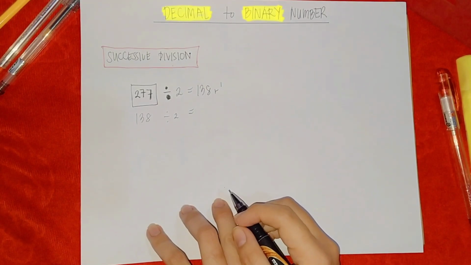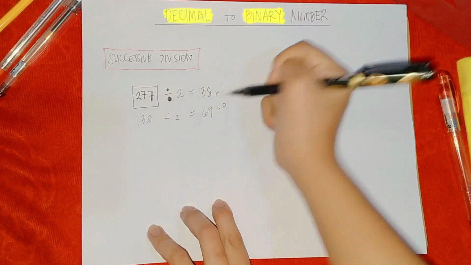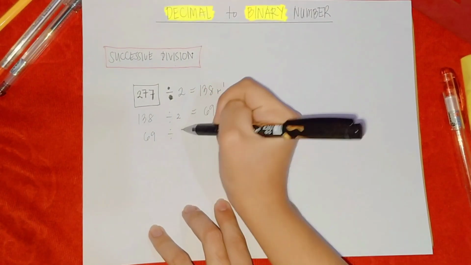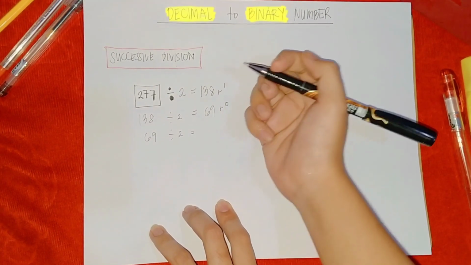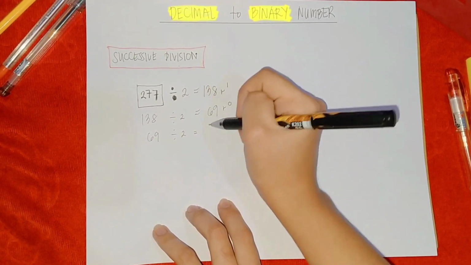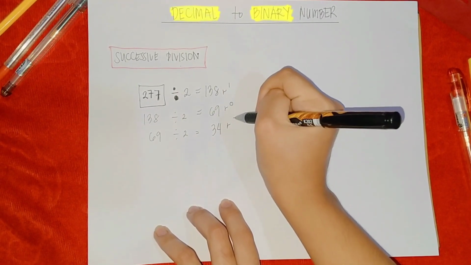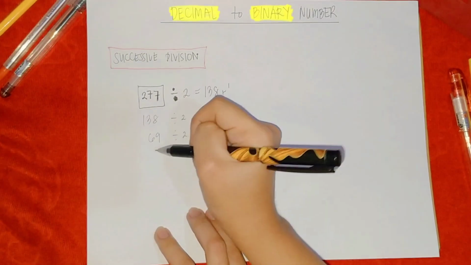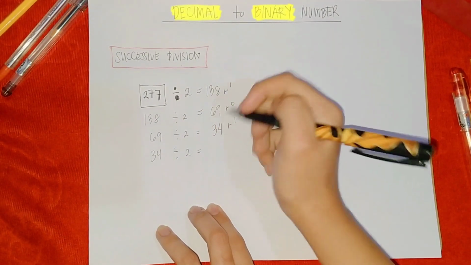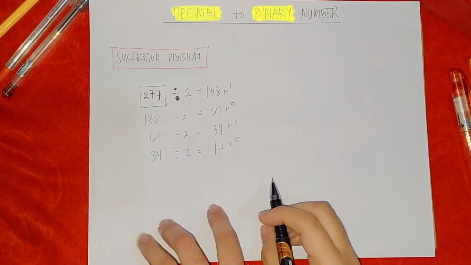It should be 69, remainder 0. 69 divided by 2 is equal to 34.5. That means that we should put it as 34, remainder 1. 34 divided by 2 is equal to 17, remainder 0.